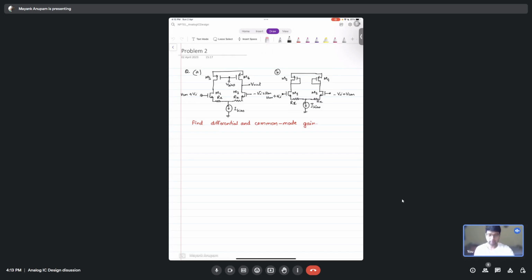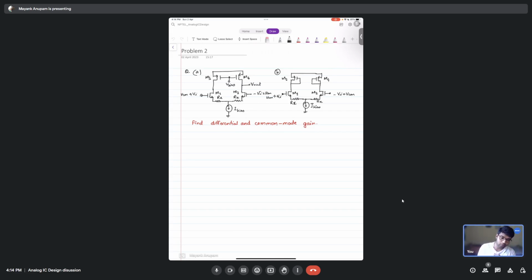This is a very important part of any design. When you start designing an amplifier, you will be given some specifications: that your amplifier should handle this much input variation, and moreover provide this much output swing. Based on that you start your design.